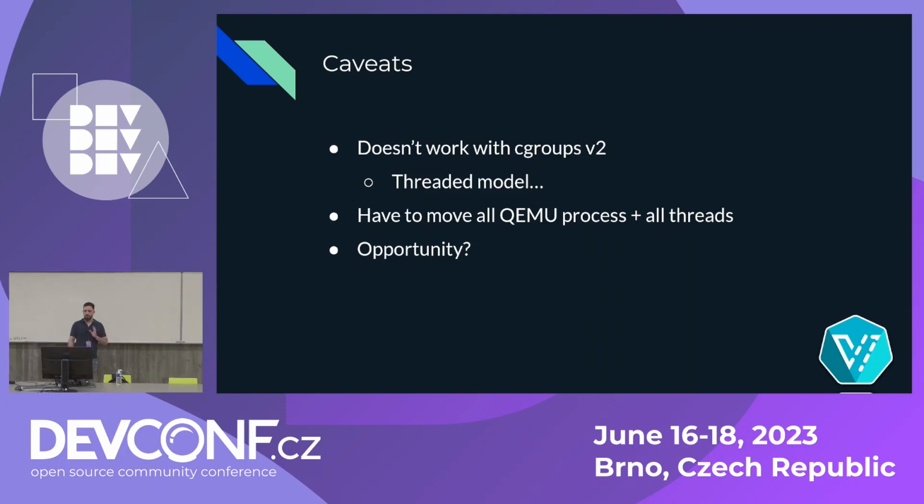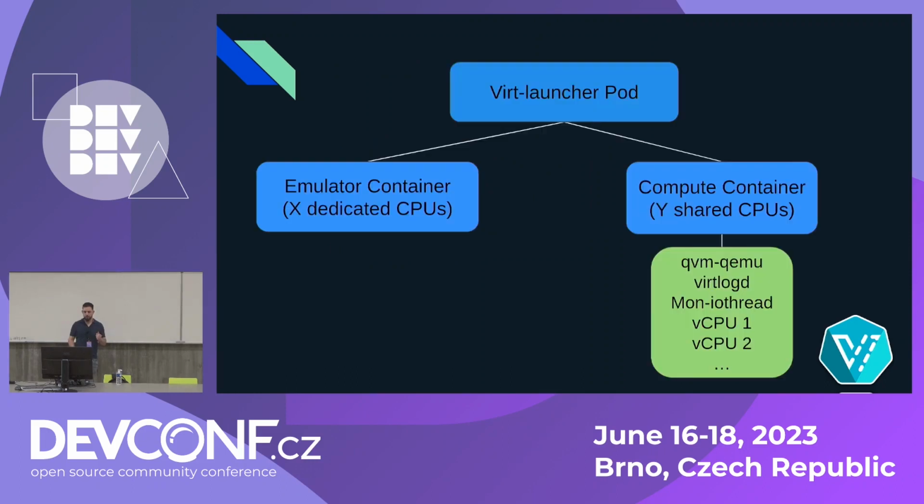But this is not such a huge problem, and maybe it's an opportunity, because what we can do is the following. Just as before, we would have another container, but it turns out that the Cgroup for the pod itself is owned by Kubernetes.